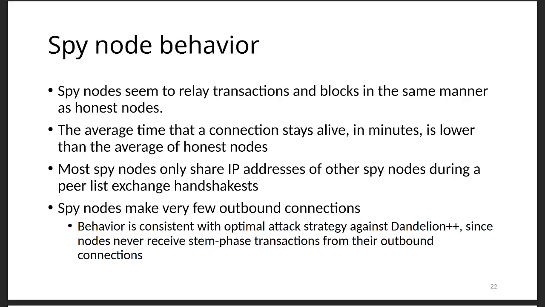Spy nodes do not initiate their own outbound connections. This behavior is consistent with optimal attack strategy against Dandelion++, since nodes never receive stem phase transactions from their outbound connections. Spy nodes are not wasting resources by creating outbound connections.